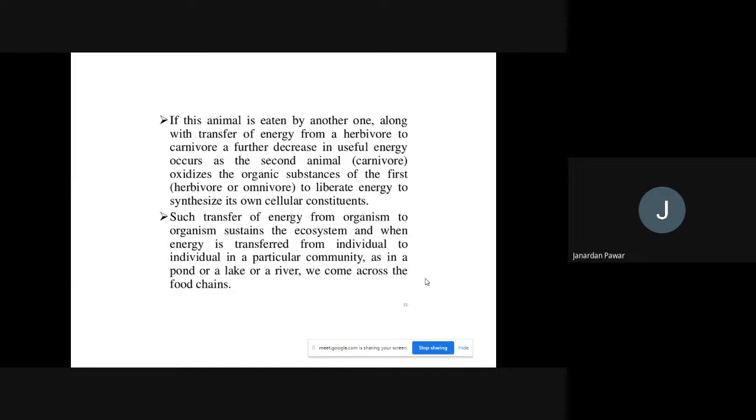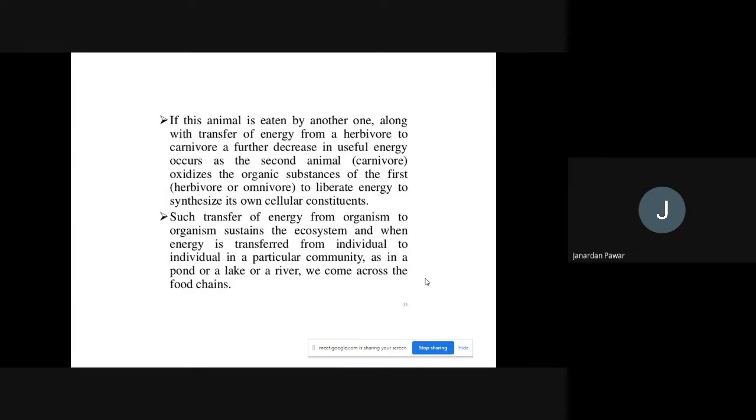So if the animal is eaten by another one, along with the transfer of energy from a herbivore to a carnivore, a further decrease in useful energy occurs as the second animal, the carnivore, oxidizes the organic substances of the first herbivore or omnivore to liberate energy to synthesize its own cellular constituents.